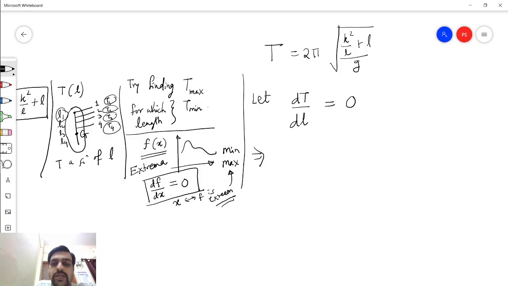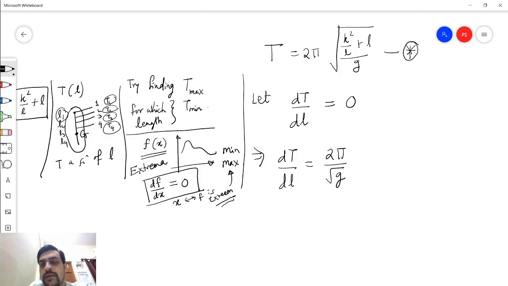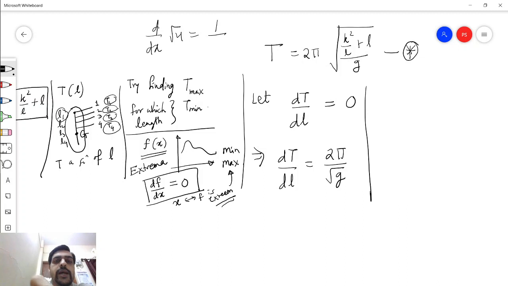So for that we must be able to differentiate this equation, which we have labeled as equation star. So dt by dL equals 2π by root g, which are just constants, and we know that d by dx of root u is 1 by 2 root u into du by dx. So we will use this formula here to get an expression for the derivative.